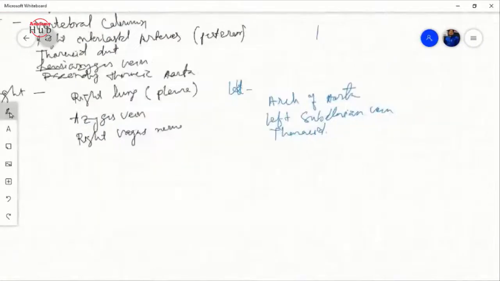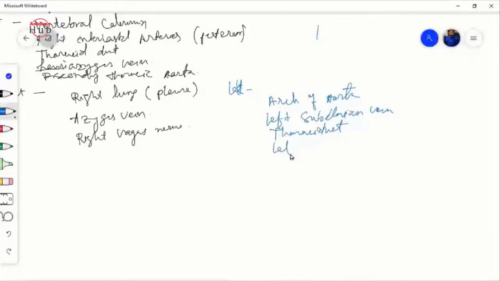Now the thoracic duct will be there, okay, that is also the left relation. Then no doubt the left lung along with the pleura, okay. Then you will find your left recurrent laryngeal nerve, okay.